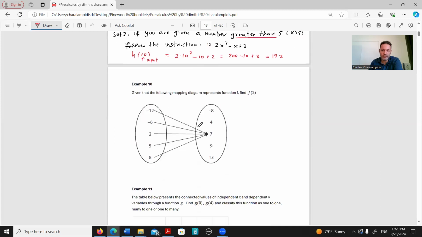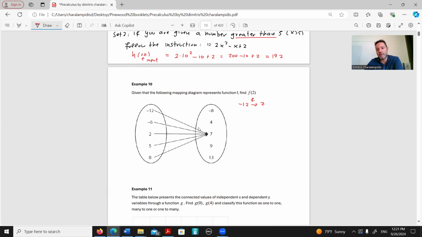Here we are asked to calculate inputs and outputs without having the set of instructions, without knowing the operations that need to be done, but we were given the mapping diagram. What does this mean? We can clearly see that negative 12 is related through f to number 7.